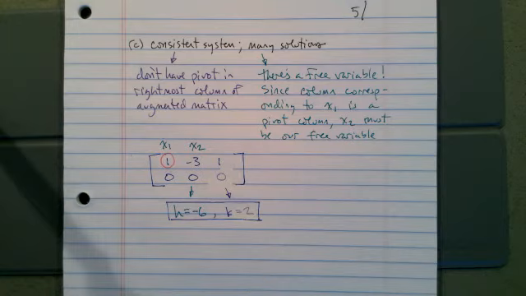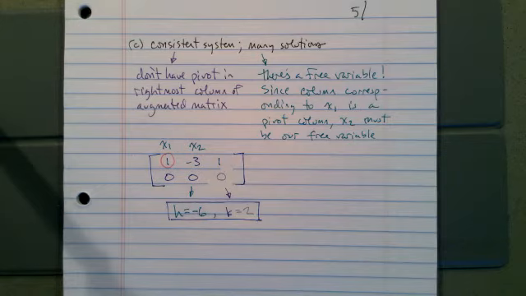Okay. 1B is also reduced echelon form. In 1C, that's neither echelon form nor reduced echelon form, so it's neither. And then 1D is just echelon form because we don't have ones in our pivot positions. So it's just a matter of reading where the pivots are going to be.